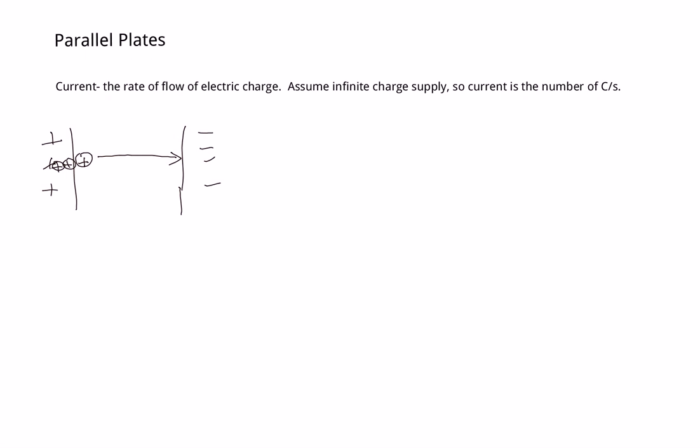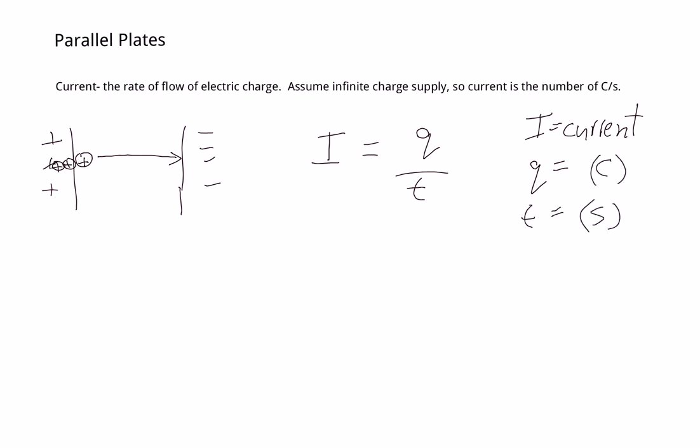So for current, the formula we use is I is for current, and it's just charge divided by time. So it's a pretty easy formula. And our I is our current, and Q is our charge in coulombs. Time would be in seconds for our basic unit, so our current then is coulombs per second is the technical version.